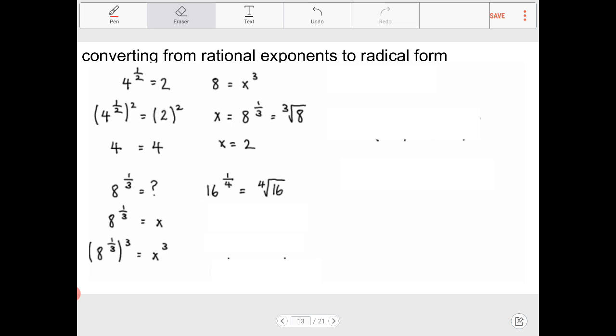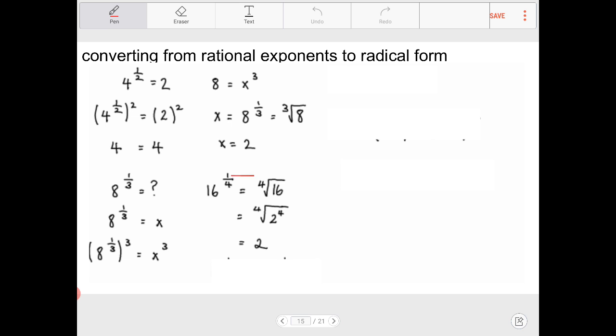And what exactly is that? 16 can be re-expressed as 2 to the 4th. That's exactly 2, because 2 times 2 times 2 times 2 gets us 16.